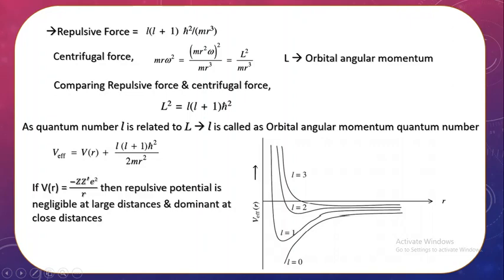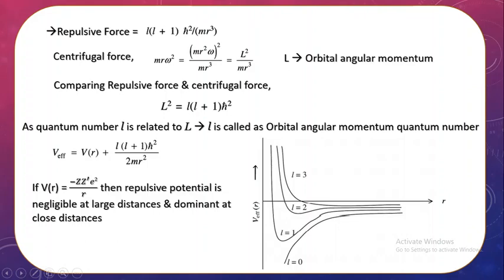So what we observe here is that if you consider V of R in this effective term as the attractive potential given as the Coulombic potential, which is nothing but minus Z Z dash e square by R, then the repulsive potential, which is given as L into L plus 1 into h cross square by 2 m r square, is going to be negligible at large distances and dominant at closer distances.